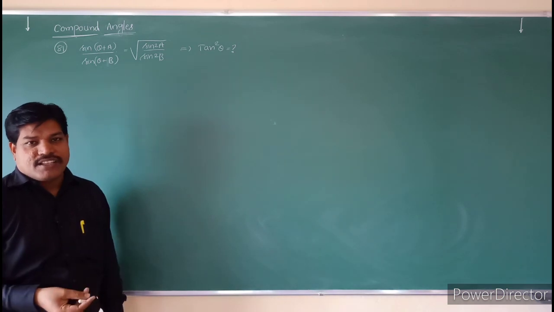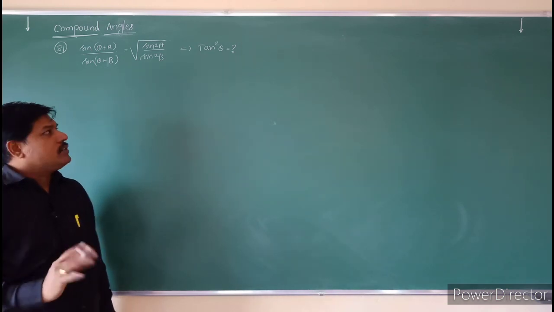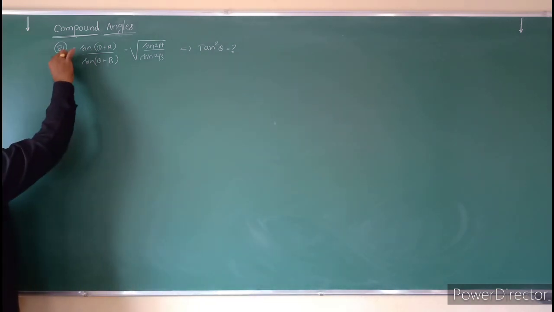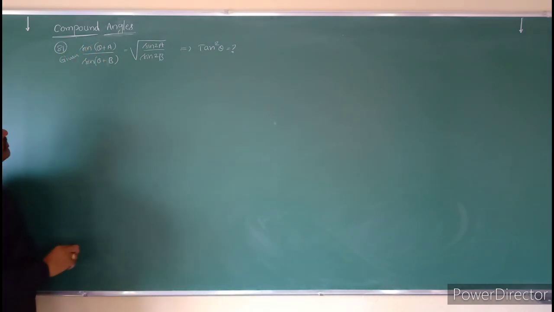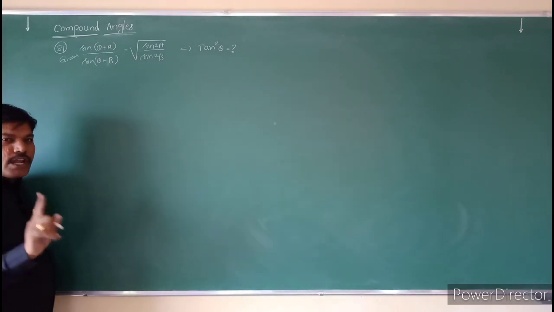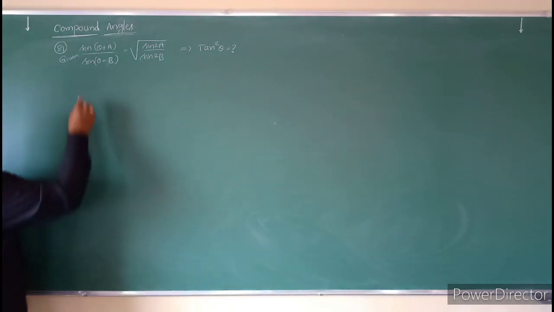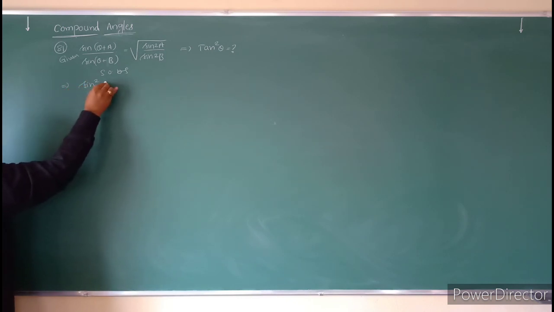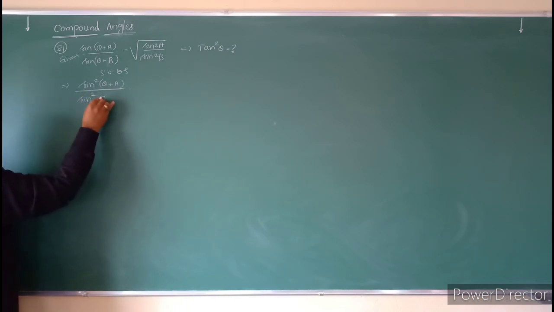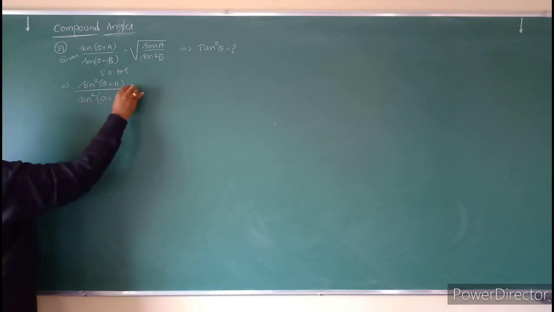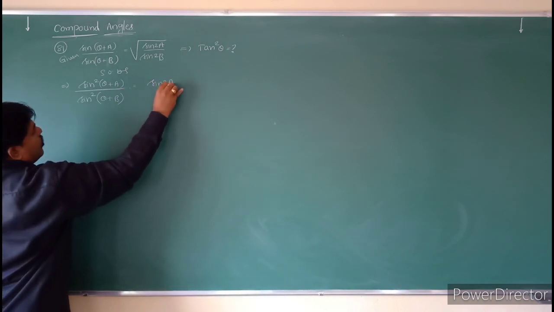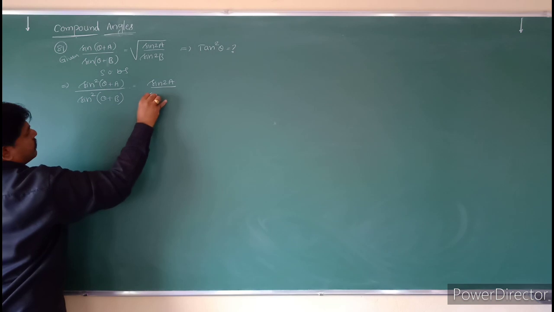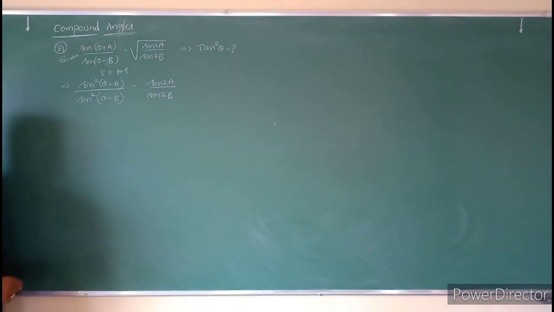Okay, so you should not eliminate the theta value directly here. What we have to do is take the given condition first. Given: sine of (theta plus a) by sine of (theta plus b) is equal to root of sine 2a by sine 2b. First I will eliminate that root by squaring on both sides. Squaring on both sides, what happens, students? Sine square of (theta plus a) by sine square of (theta plus b) is equal to sine 2a by sine 2b.